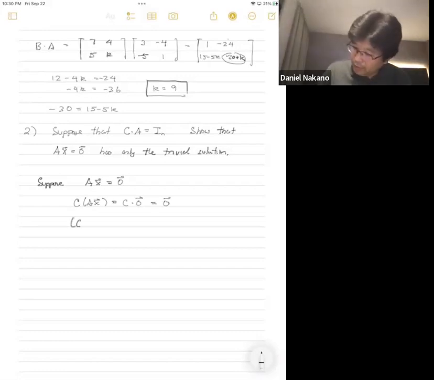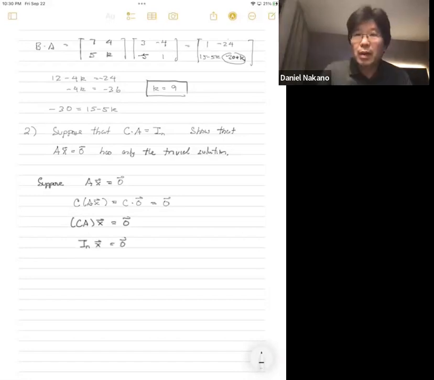So I can write this as C times A times X is the 0 vector. But C times A is the identity matrix. And so that means that X has to be 0, because identity matrix times any other matrix is actually equal to the matrix itself. It acts like 1. So that means that X has to be equal to 0. Okay, so this is the trivial solution.